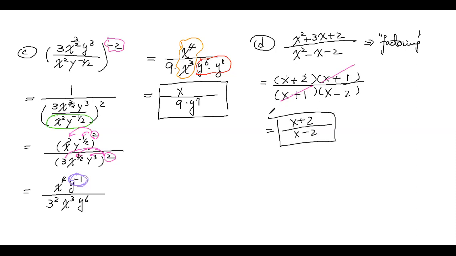Good. Now let's take a look at part E. Part E is x squared over x squared minus 4, minus x plus 1 over x plus 2. Part E wants to test you on two things.